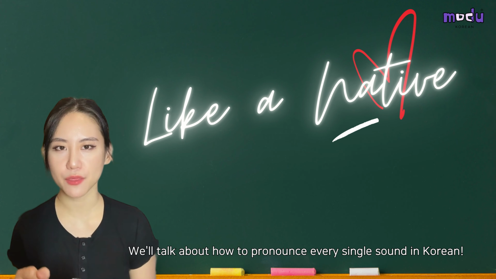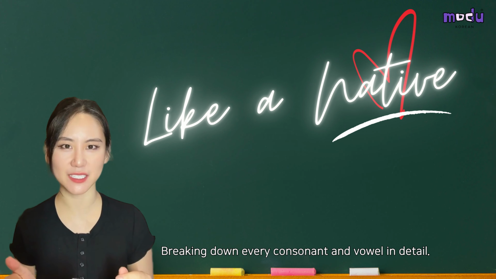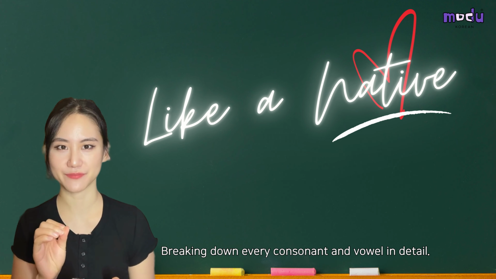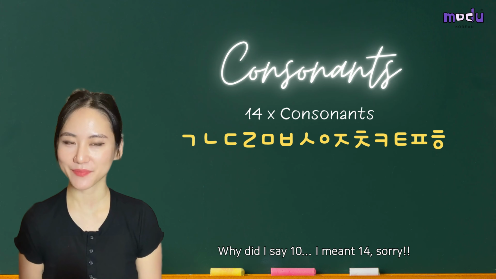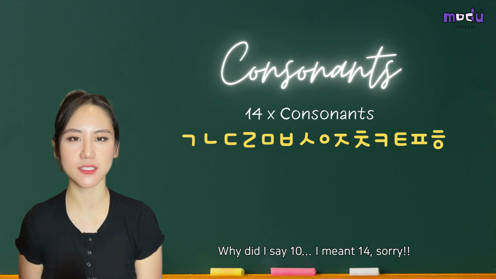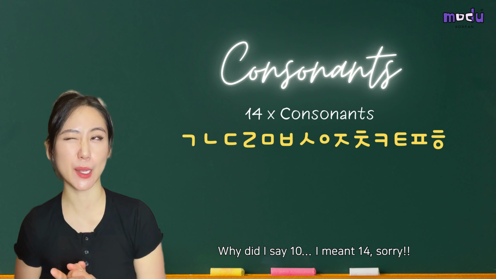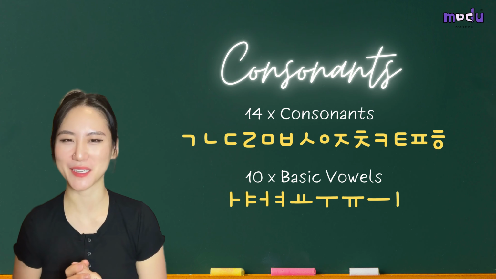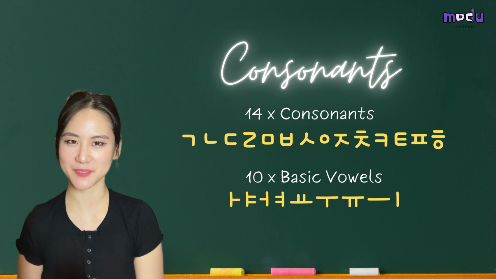Basically, we're going to be going through every single character one by one and really zero in on each and every individual sound. So let's start off with our consonants. As you may know, we have 10 consonants in the Korean alphabet, and then we also have 10 vowels, and then a bunch of combined vowels as well. So let's get started with the first set of consonants.